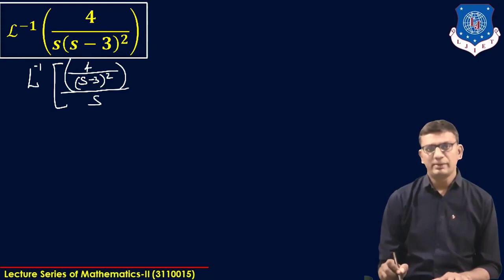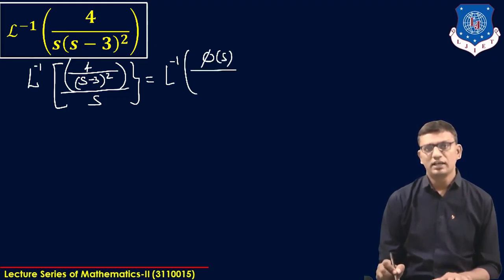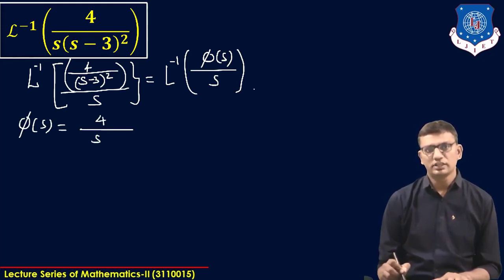That can be compared with L inverse of phi of s divided by s. So we take phi of s equal to the numerator part, that is 4 upon (s minus 3) whole square. First we find the L inverse of phi of s.